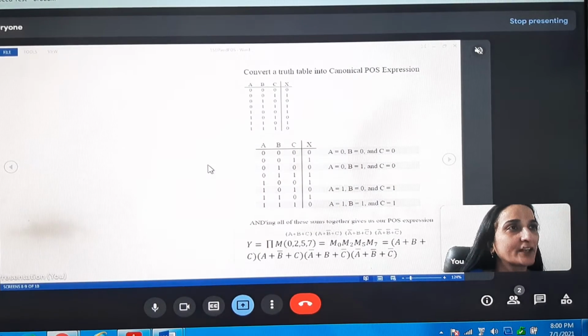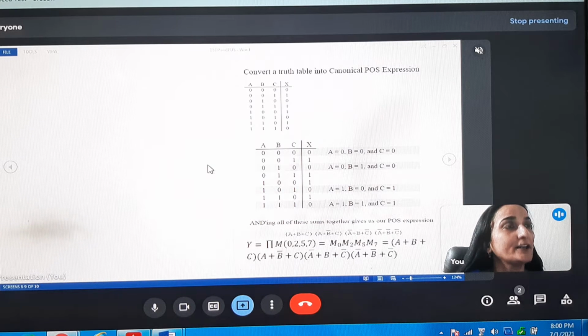Welcome all. In this video, we are going to learn how to convert a truth table into canonical product of sums expression. As I had earlier told you, there are two specific formats, SOP and POS.